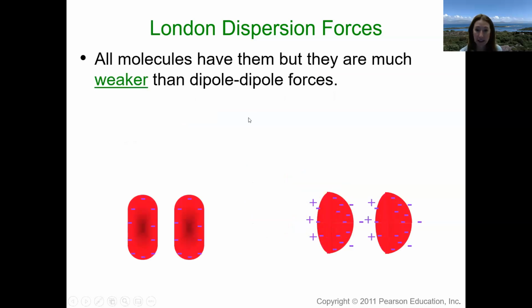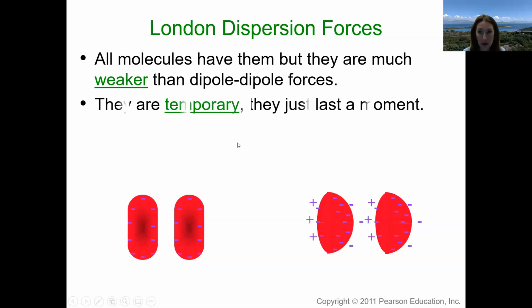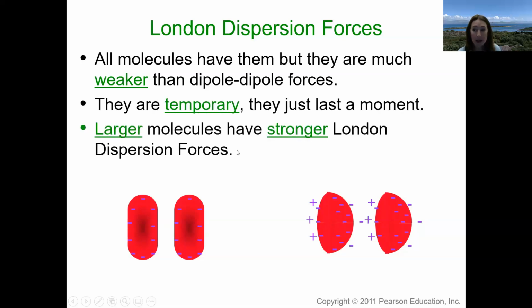So who has London dispersion forces? Everybody. But they're very, very weak. They're very, very temporary. And the bigger the molecule is, the stronger the London dispersion force is. Now, why? Well, the bigger the molecule, the more electrons it has.